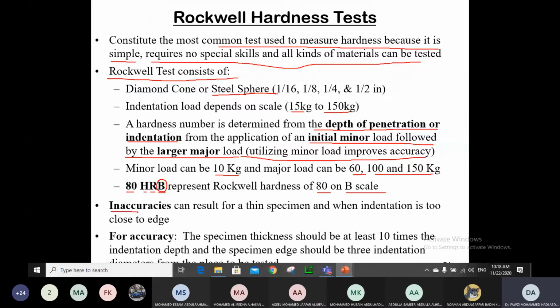Inaccuracies could result in any of the hardness testing machines, and can result from two main things, which could result in errors in the calculation of the hardness number.